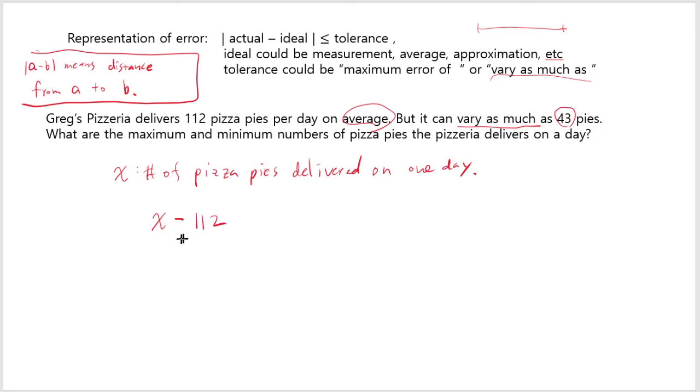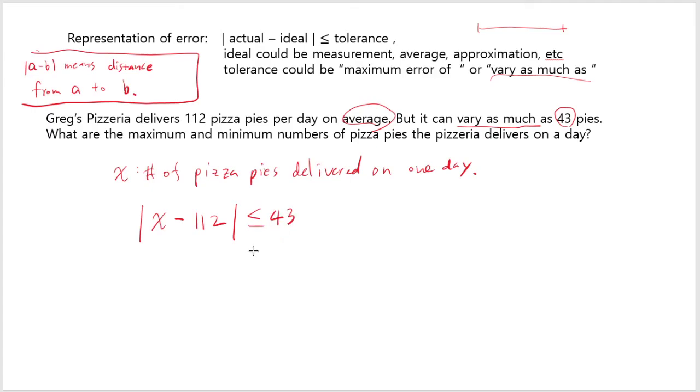So the value of the actual delivery of pizza pies should be about the same as 112. There could be some difference, but it says it can vary as much as 43. So the difference of this could be as much as 43.